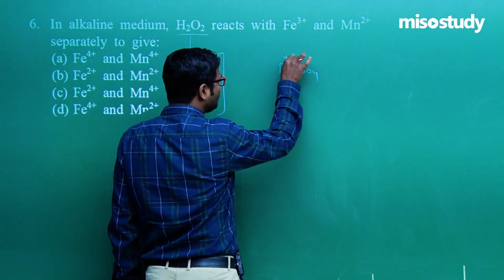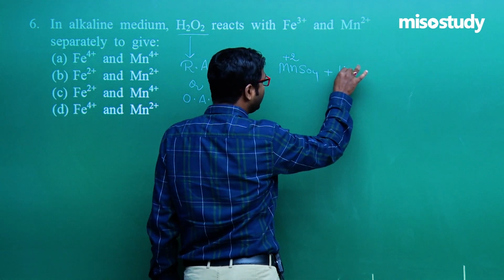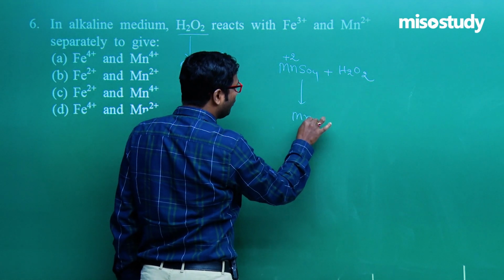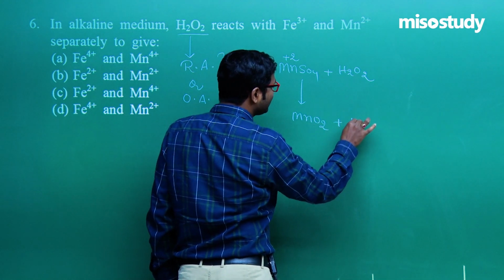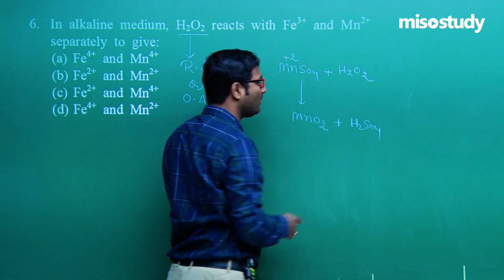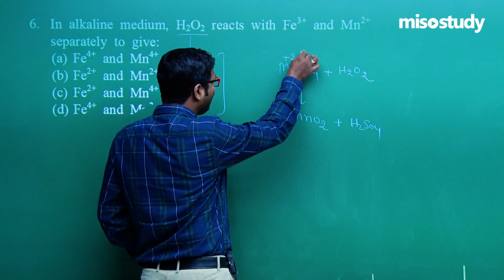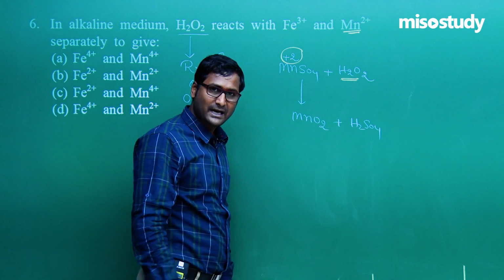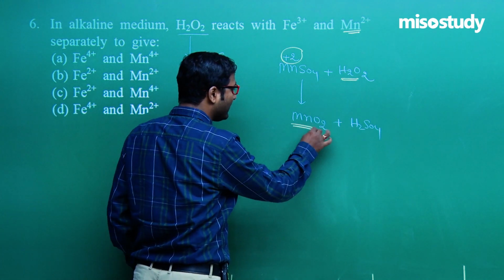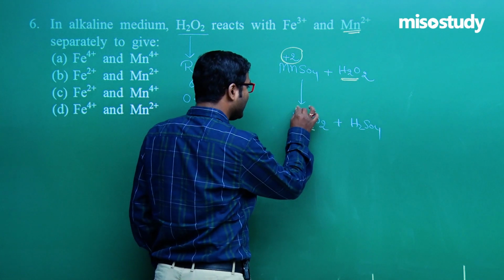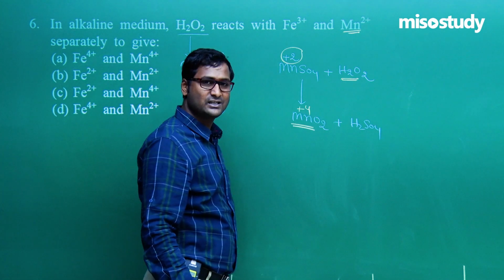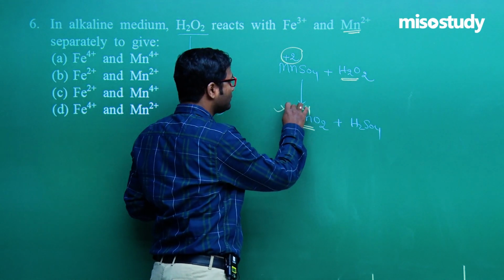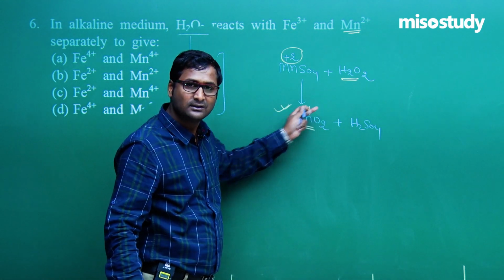Here Mn is in +2 oxidation state, and when treated with H2O2, it forms MnO2, plus H2SO4. This is the general reaction. Here Mn is +2 according to the question. When it reacts with H2O2, it forms MnO2. Here Mn is in +4 oxidation state. So the conversion of Mn will be +2 to +4. This is a general reaction.